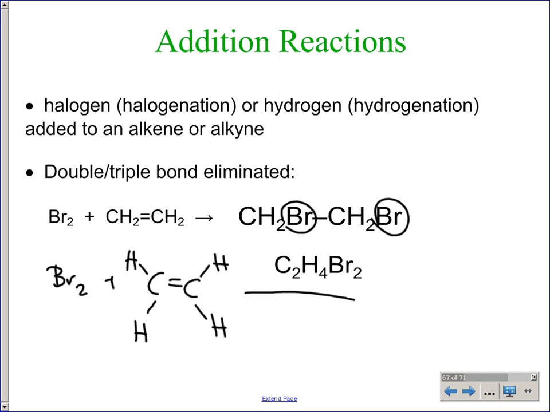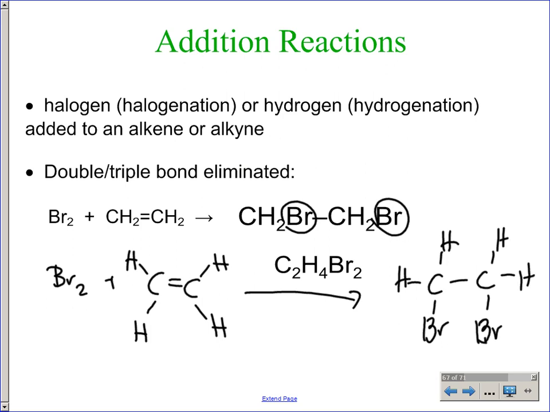So your end product looks like this. It is now singly bonded all the way around, and the bromine has taken the place of the open spaces there. And you don't have to draw the structure. You can just write it the simplest way, in the compact form.